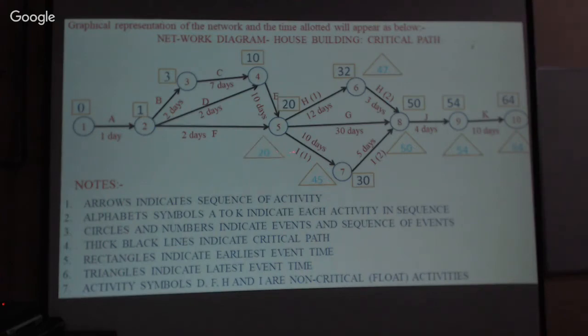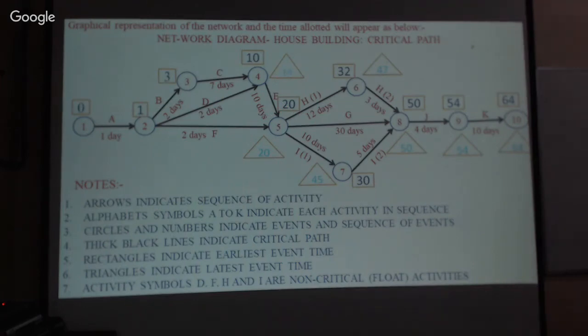Now the minimum time should be indicated here. The minimum time must be indicated in the triangle. Now it is a backward calculation. When you reach this point, that is 20. That is the minimum time. And if you come back from this point, that is 20 minus 10, it is 10.